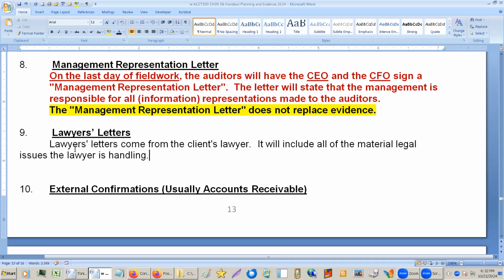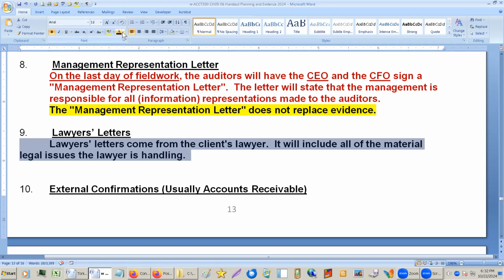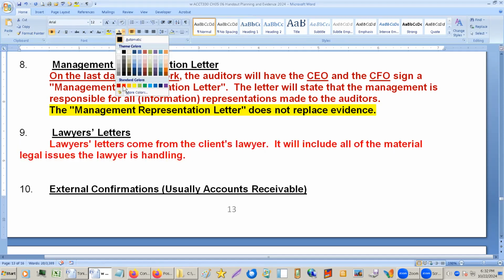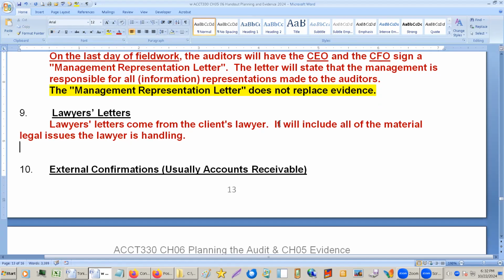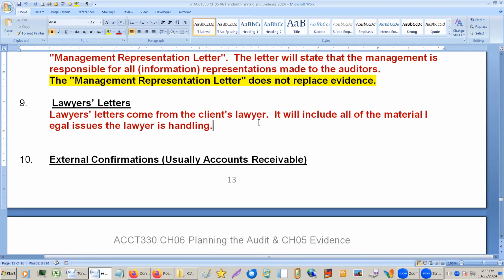Let me clean this up a little bit. Lawyer letters come from the client's lawyers. They'll include all material legal issues that the lawyer is handling. It'll only be the stuff that the lawyer is handling, by the way.